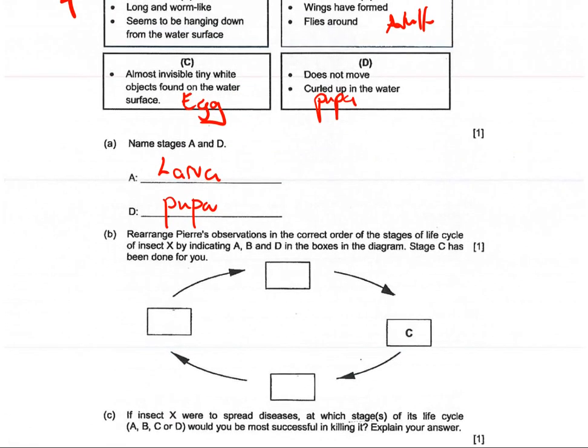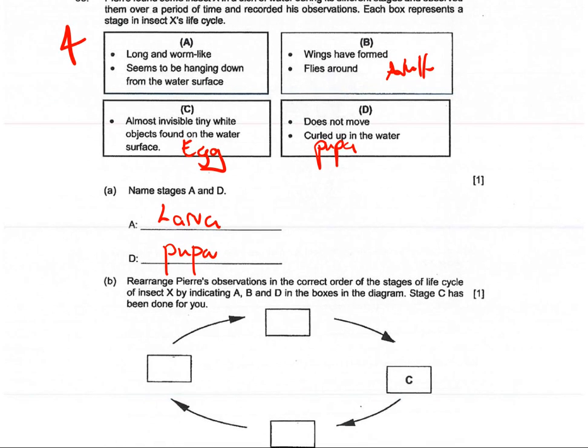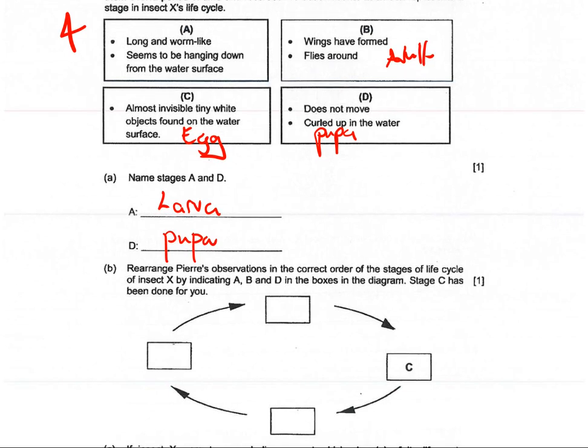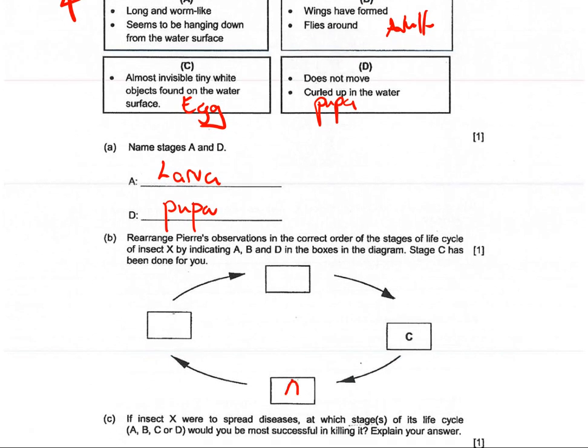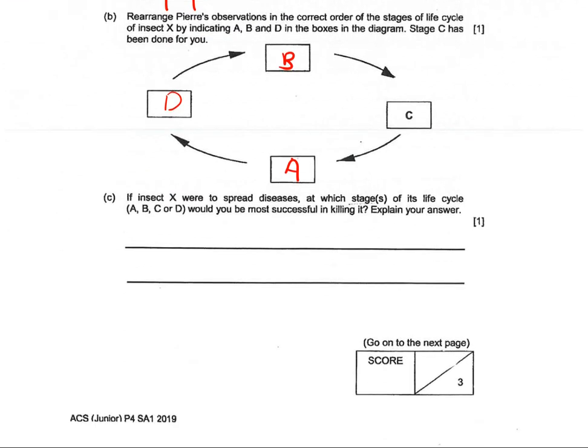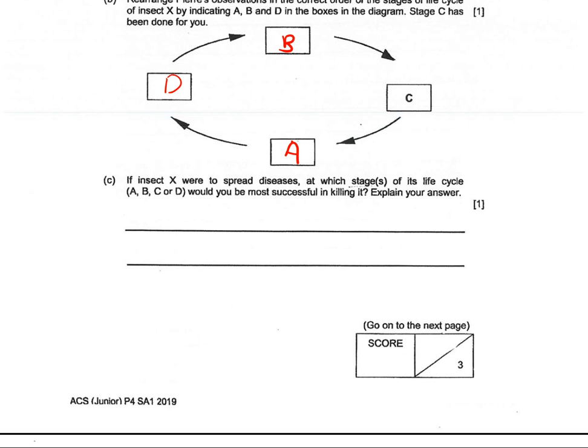Okay, so now we have to fill out the life cycle. From what we have up here, C is the egg, which becomes a larva, so here is A, and then the larva becomes pupa, so here is D, pupa becomes adult, so it's B, and then adult gives birth to egg. So this is the life cycle. If insect X were to spread disease, okay, we know that dengue mosquito is famous for spreading disease.